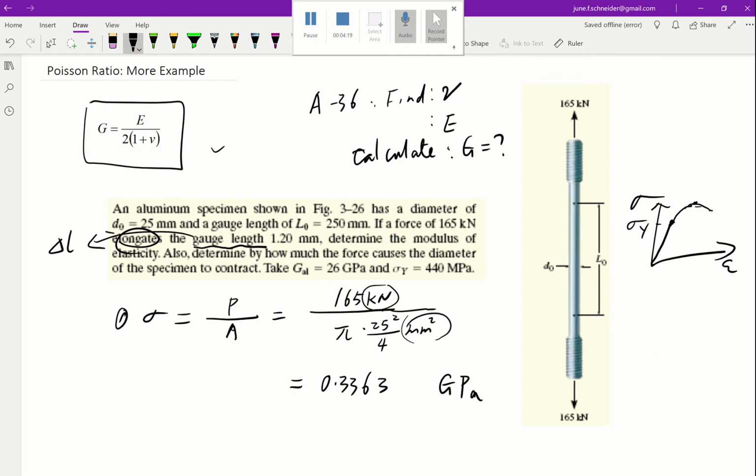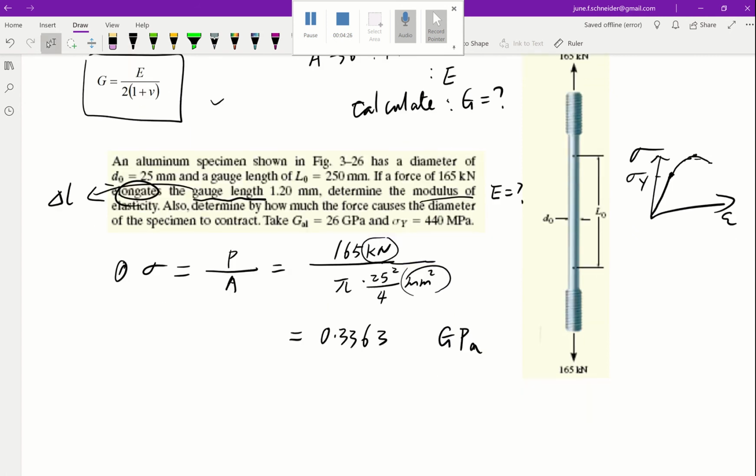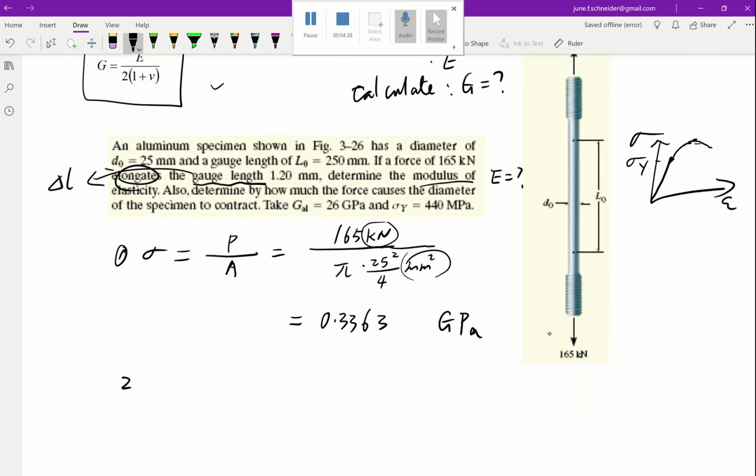And then they want us to find the modulus of elasticity, which is E. In order to do that, we need to find the normal strain, epsilon. Epsilon's definition is the change in length over original length. It told us the elongation of the gauge length is 1.2 millimeter, and the entire length here is 25 millimeter.